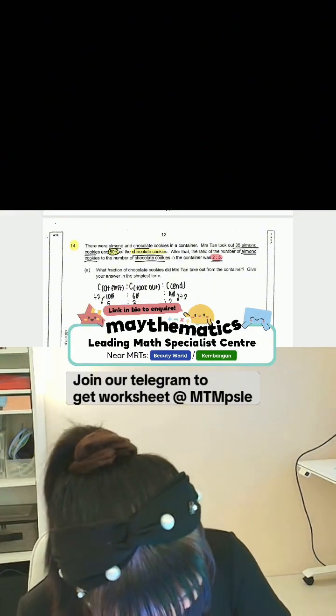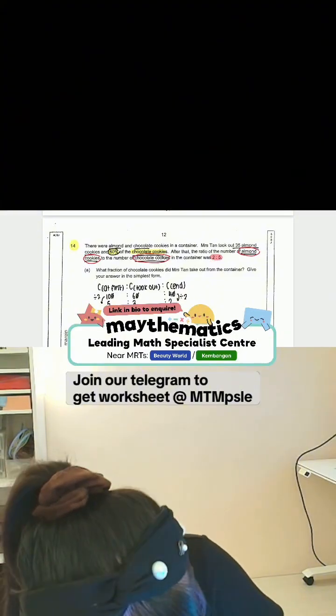Then once you simplify already, you can try to divide everything by 2. You will get 5:3:2. So you get this. And then with that, you should also write down the next ratio. Almond cookies to chocolate cookies is 2:5.